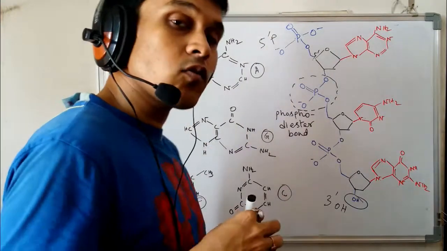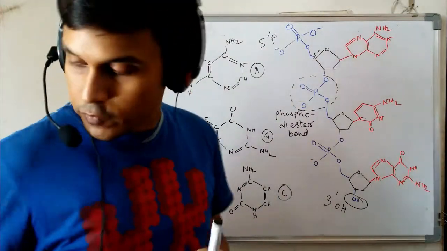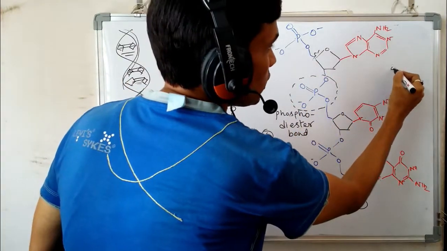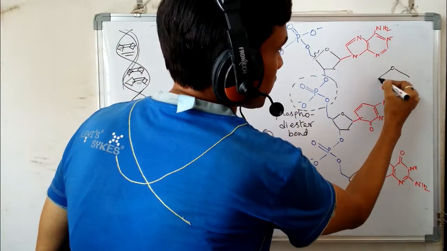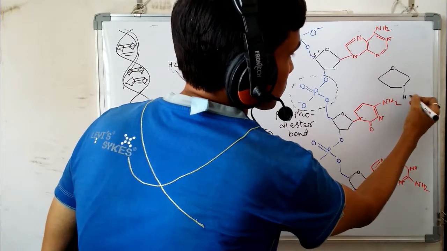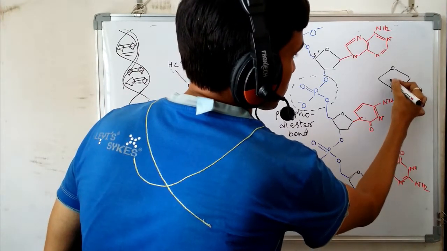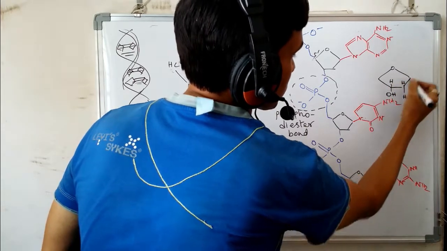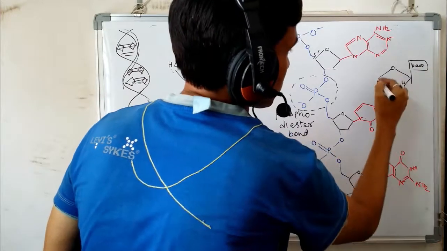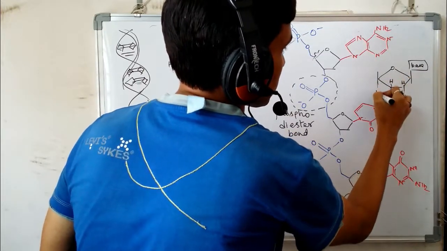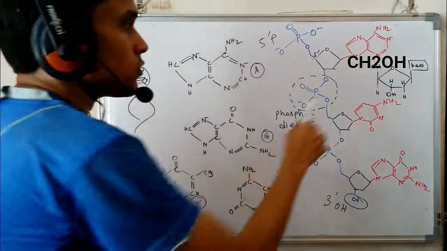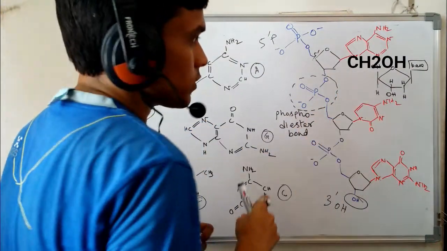And why is it called deoxyribose? You know this is ribose sugar. If I consider only the ribose structure, here is the base, nucleobase or nitrogenous base, and this is the ribose sugar structure.